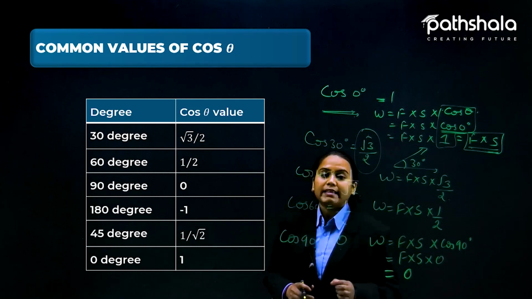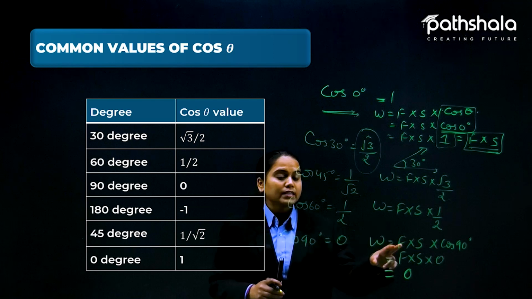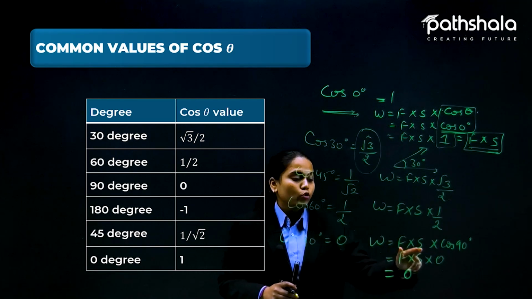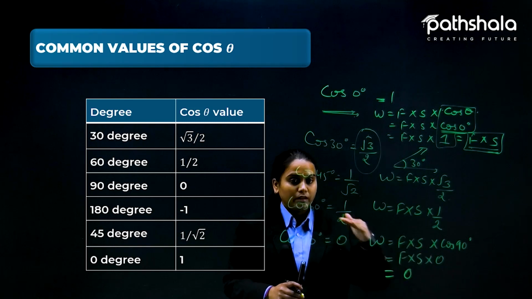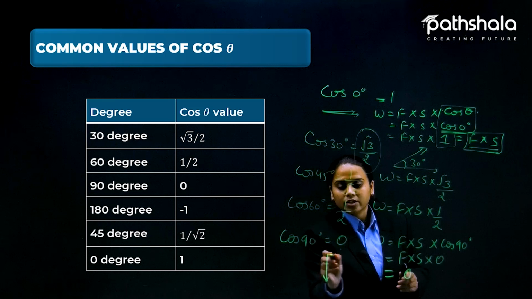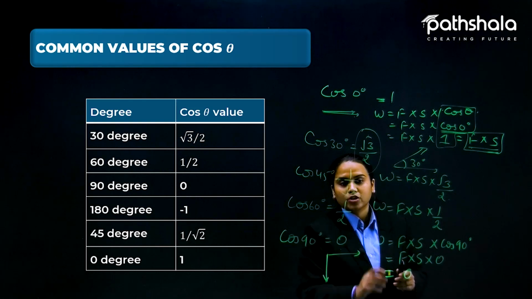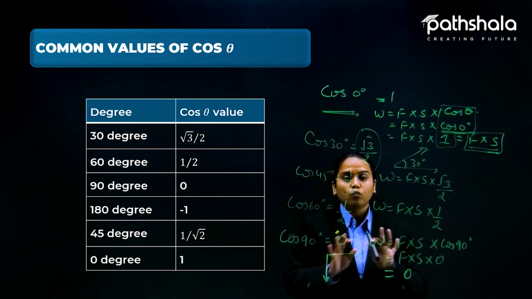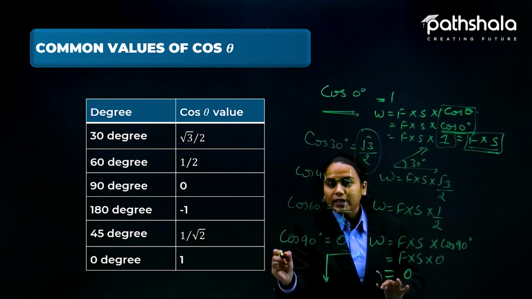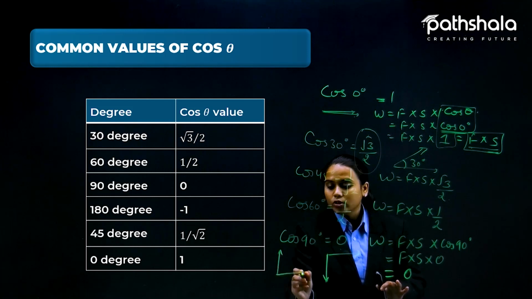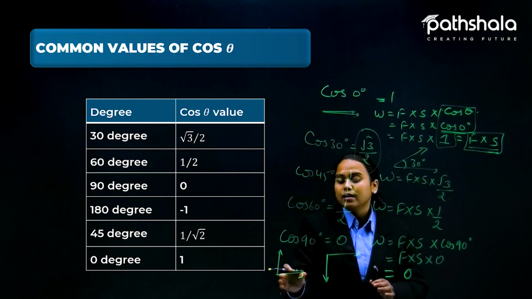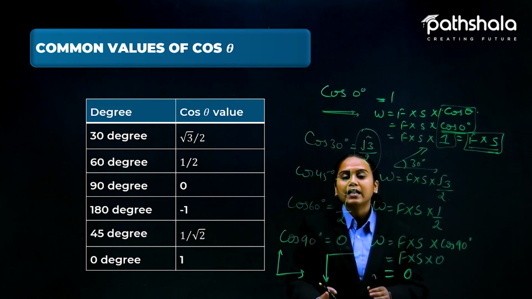So we can say that if a force is applied in a perpendicular direction and the motion is in another direction, perpendicular to it, like force is in this direction and motion is in this direction, in that case we can say no work has been done according to science. And also force could be in this direction and motion could be in this direction. In this case also we are not having any work done.